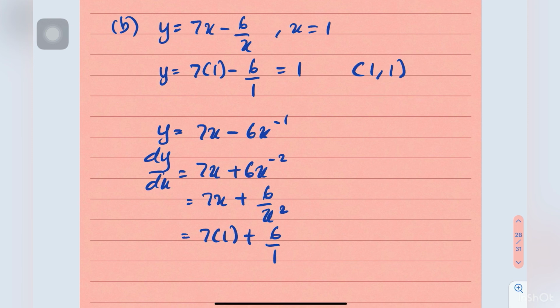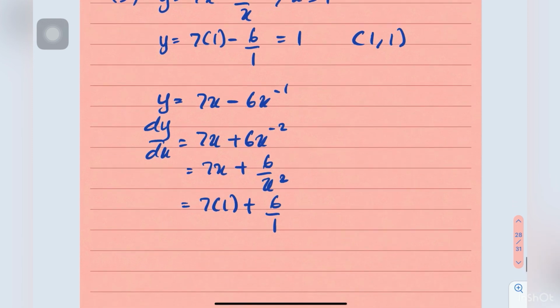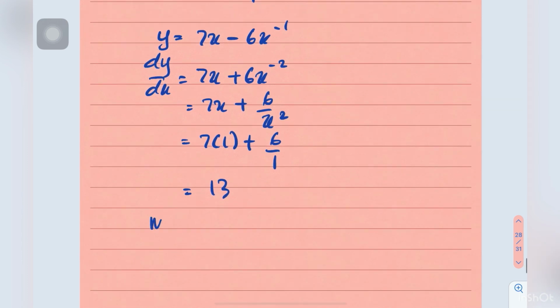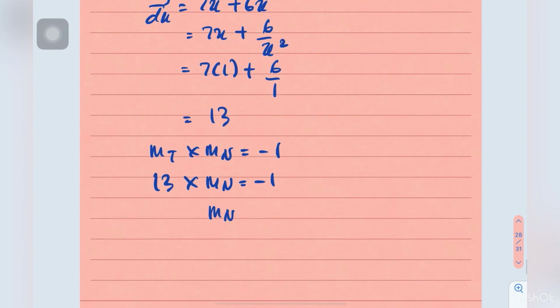So the gradient is 13. But now given the normal, gradient of tangent times gradient of normal is -1. So 13 times gradient of normal is -1, so the gradient of normal is -1 over 13.